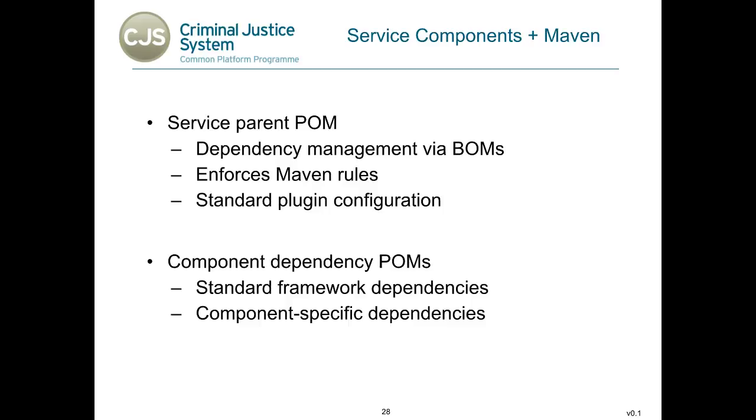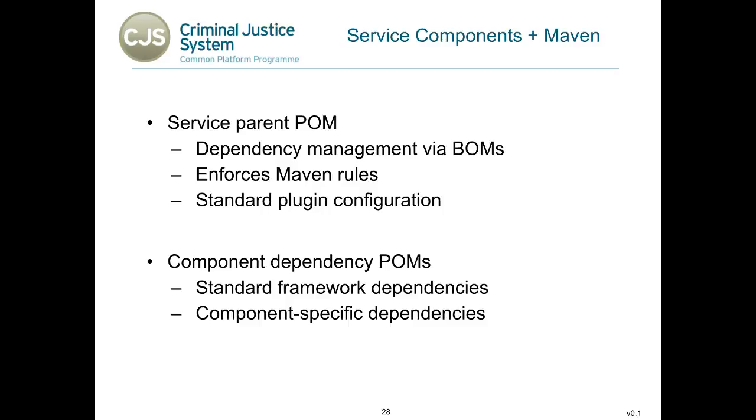It enforces various Maven rules on what you're allowed to change, version conflicts, all that sort of stuff. And it also provides a whole load of standard plugin configuration for things like ensuring that we're always compiling to Java 8, but also things that are specific to services around code generation that I'll cover off in a second.